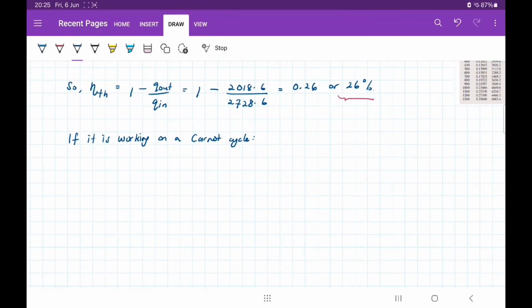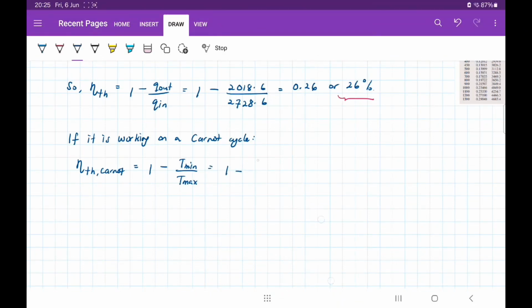The thermal efficiency of a Carnot cycle for this steam power plant would be 1 minus the minimum temperature over the maximum temperature.